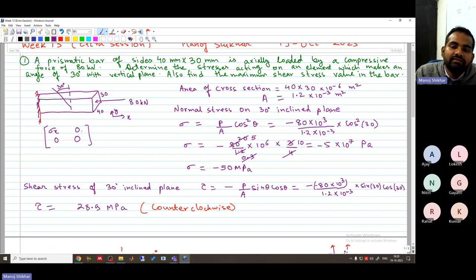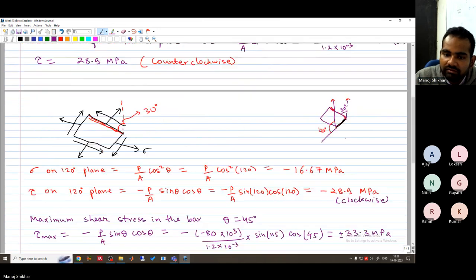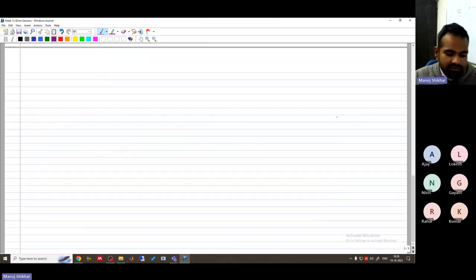So you can see that on this plane we have only sigma x and all the shear stresses are 0. So this plane itself is a principal plane. So the plane which makes an angle of 45 degrees with this will have the maximum shear stress component. Okay. So this was our question number 1.